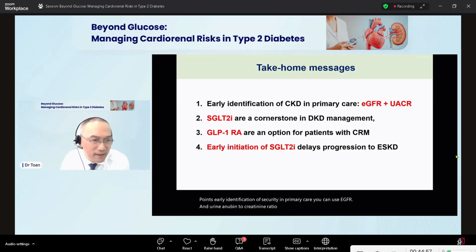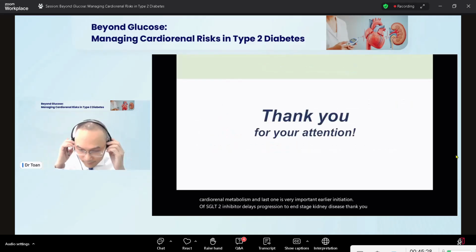SGLT2 inhibitor, a cornerstone in diabetic kidney disease management, and GLP-1 receptor agonist, an option for patients with cardio-renal-metabolic disease. And last one is very important, earlier initiation of SGLT2 inhibitor delays progression to end-stage kidney disease. Thank you for your attention. Thank you.